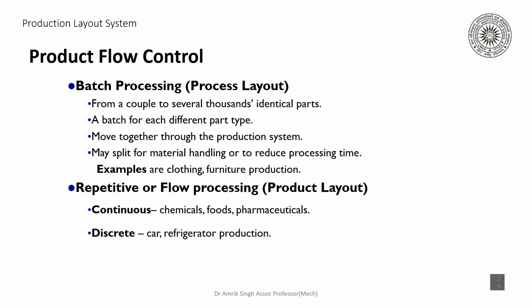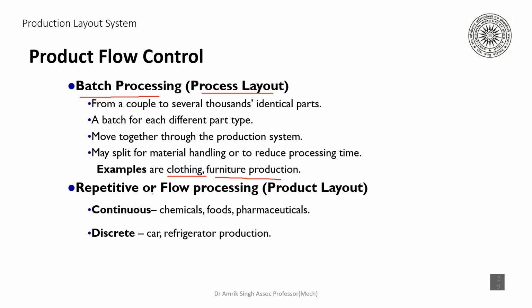Normally we do this in the case of pharmaceuticals, paints, consumer goods. A batch for each different part type moves together through the production system, and may be split to ease material handling or to reduce the processing time. For example, in clothing and furniture production we go for the batch type of processing and the process type of layout.